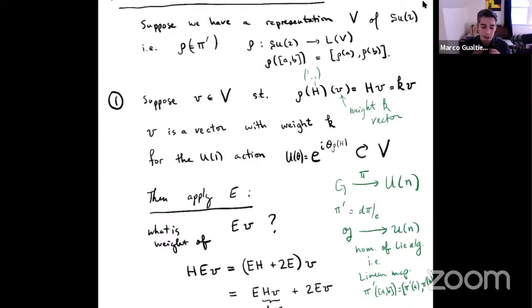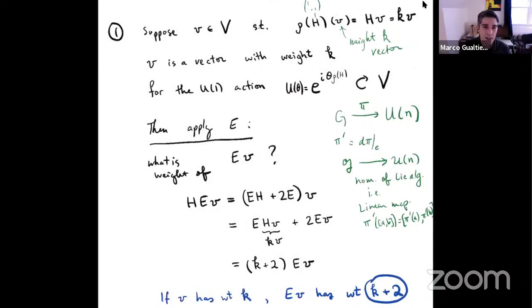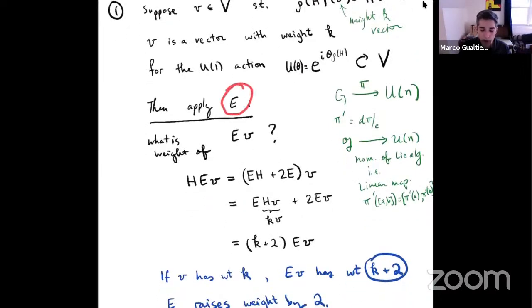So now we have SU2, we have this little circle, but the whole thing is now being represented on a much bigger vector space. That little circle is still acting on that vector space, and we get a decomposition into weight spaces. So we take an element of weight K, and now we apply the raising operator. We would like to prove that it actually does what it's supposed to do, that it raises the weight.